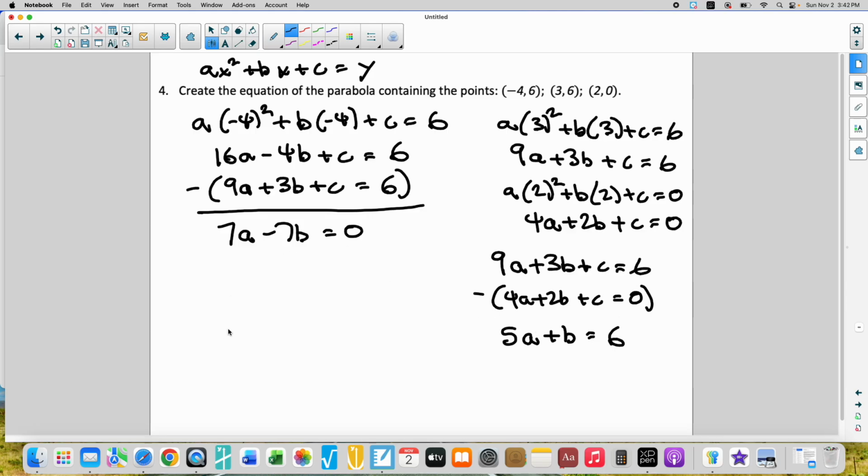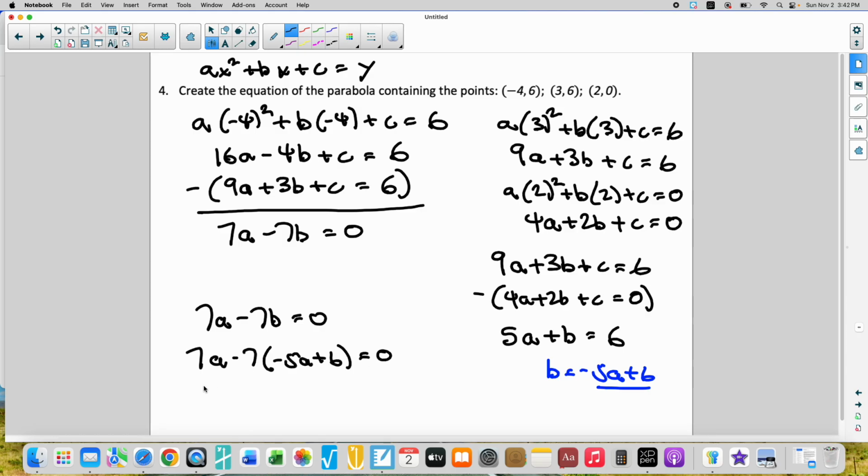And now I have two equations. Let's solve for b and substitute it in, right? We have systems of equations. 7a minus 7b equals 0. We'll solve for b. We get b equals negative 5a plus 6. Let's take that and plug it in for b. So 7a minus 7 times negative 5a plus 6 equals 0. 7a plus 35a minus 42 equals 0.